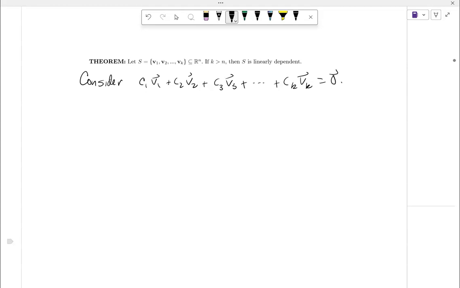So we write it out a little bit more formally. And again, it's this idea of being able to make those columns. It's the C's that we're trying to solve for here, right? Those are the constants that we're interested in. If it's going to be linearly dependent, then we need to come up with a homogeneous system that has infinitely many solutions. That's the idea.